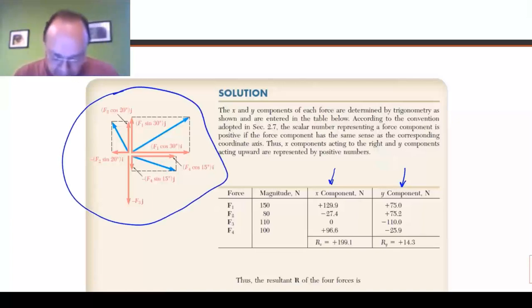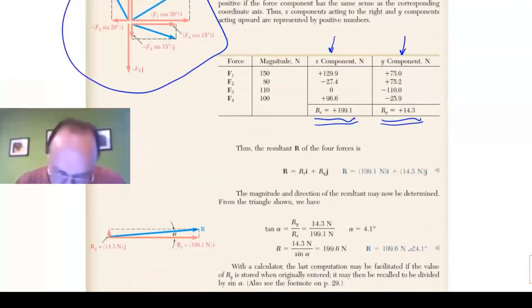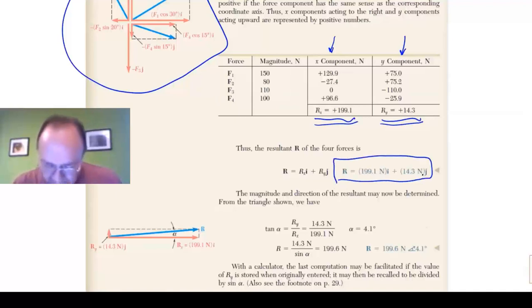And then they just put it here in a nice table where you do the summation of all the x components and the summation of all the y components. And then here it shows the resultant as a function of the components. Here you calculate the angle as Ry over Rx, the way we did up there.